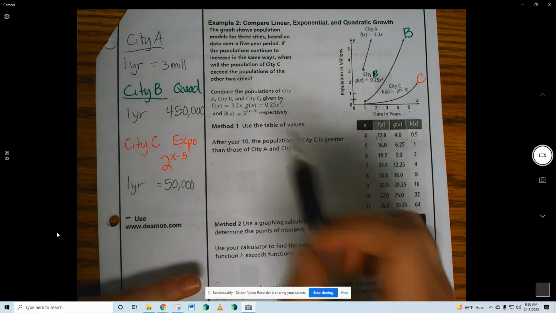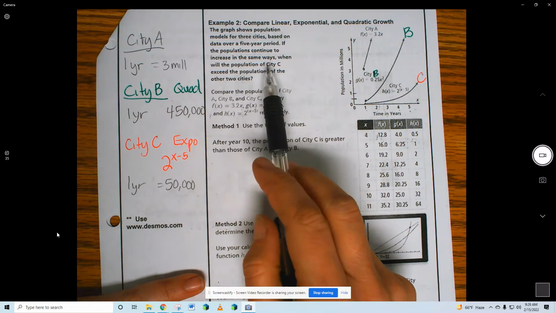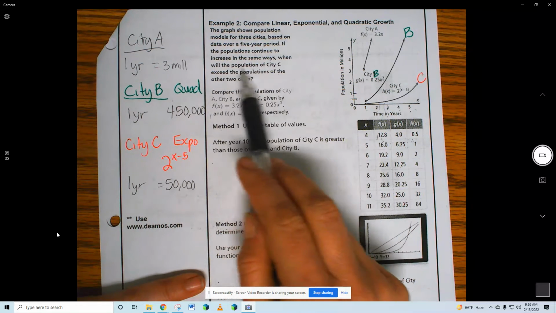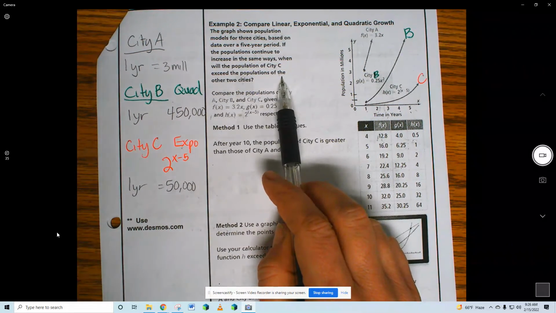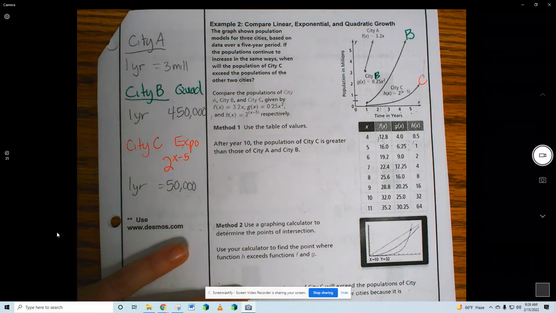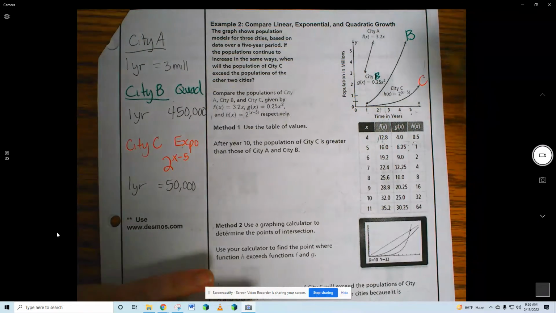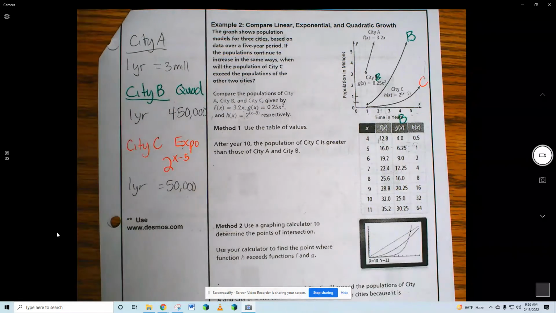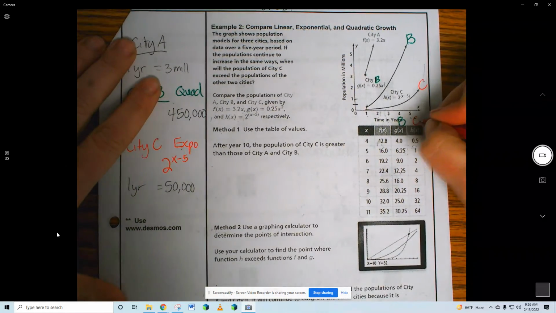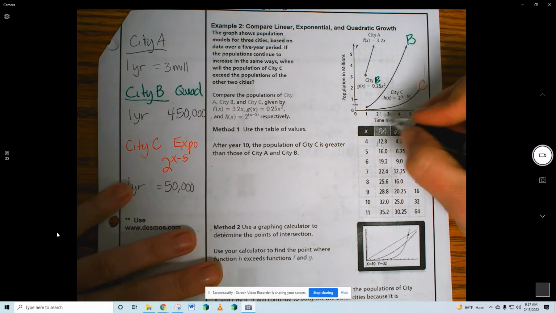We compared them. Here we go. When will the population of city C exceed the 2 other cities? When will it get bigger? I want to let you know that population B is called g of x, in the middle of the table of values. Population C is h of x, and A is just normal.